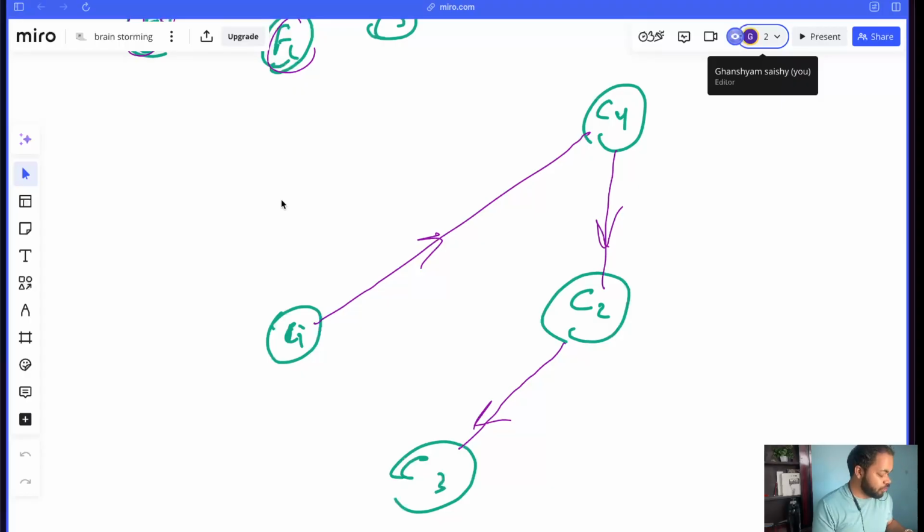The person who goes from C1 to C4 cannot come back to C1. That is the problem with it. So these are directed graphs. Directed graphs are those which have edges with direction. Undirected graphs are those which have edges without any direction.